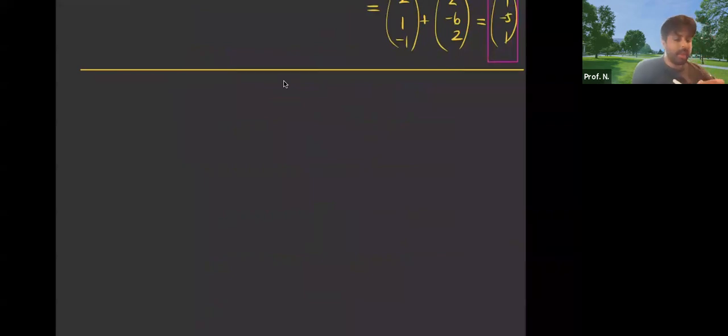Then the other kind of problems that you'll see in the last three or four problems in your homework have to do with the following. It's this kind of example.